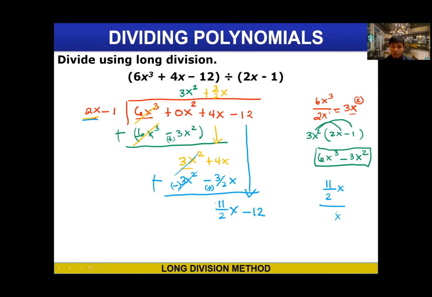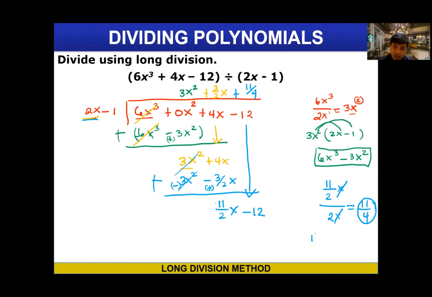If we divide 11 over 2x by 2x, we can cancel x, and 11 over 2 divided by 2 becomes 11 over 4. So that's 11 over 4 here. If you want to check, just check it using your calculator. Since this is positive, I will put plus 11 over 4 here.